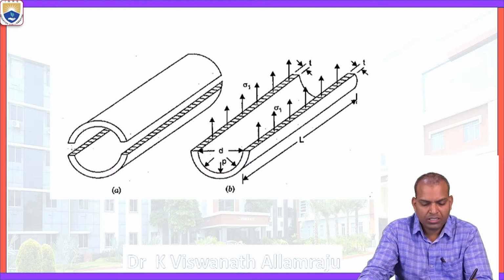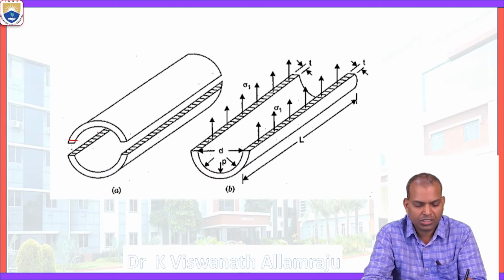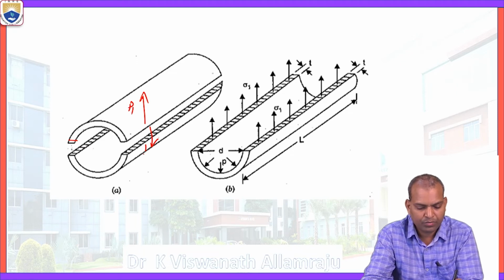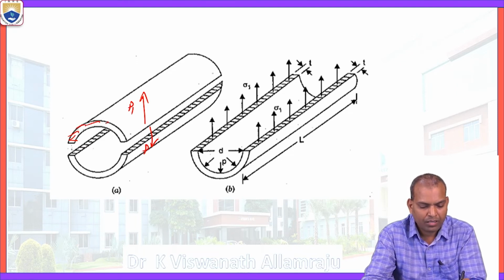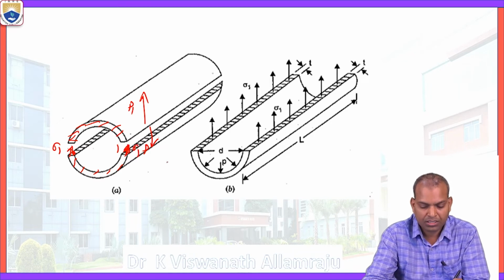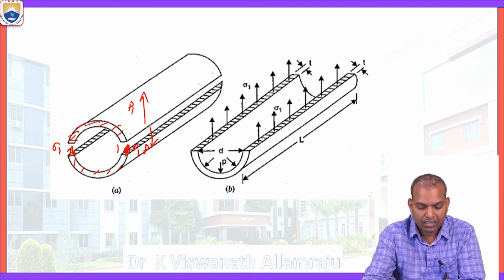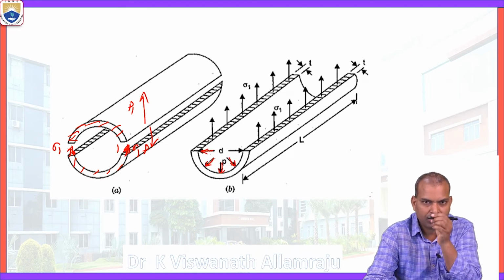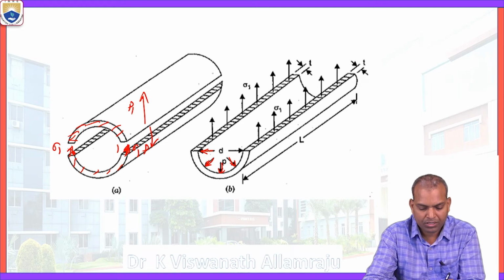Now, because of the stresses developed in the upward and downward directions, sigma 1 and sigma 1 are acting here. Sigma 1 is the circumferential stress, in the tensile direction, and the fluid pressure is acting radially.